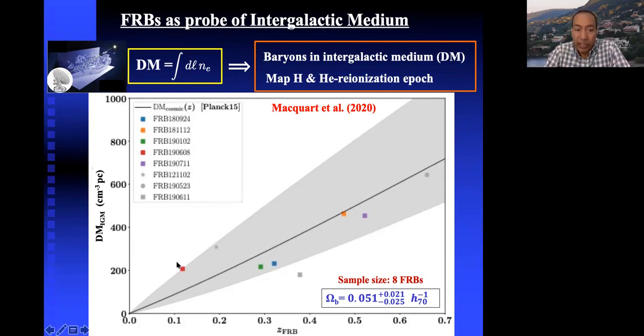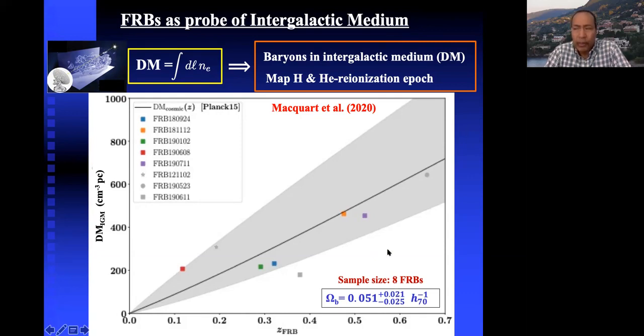With that, the residual electron column density is coming from the intergalactic medium, and that is shown here. Each of these colored squares is the DM IGM at different redshift. And the diagonal line that you see is what one could expect for the column density of electrons coming from the IGM as a function of redshift, assuming that the baryon density, omega baryon, is as given by Planck 2015 result, with a large error bar that you can see here.